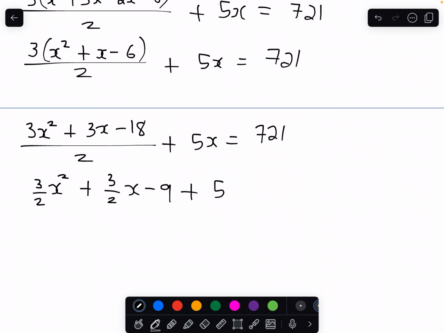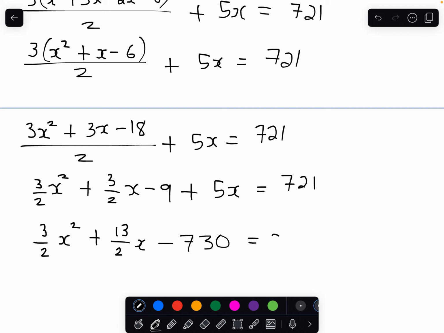I just divided all the terms by 2 there. So we end up with a quadratic. 5 is the same as 10 over 2. And then we have minus 9, minus 721, so that's going to be minus 730.